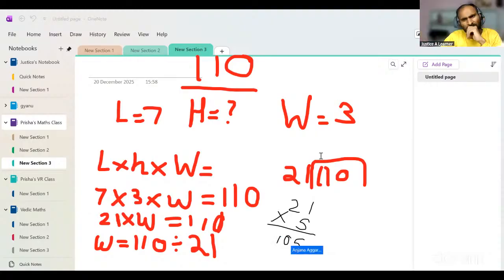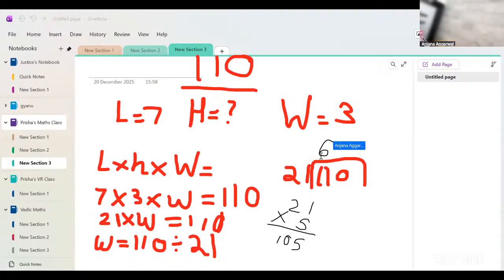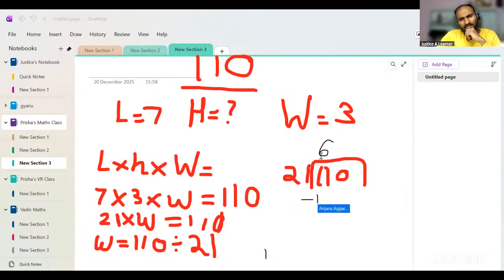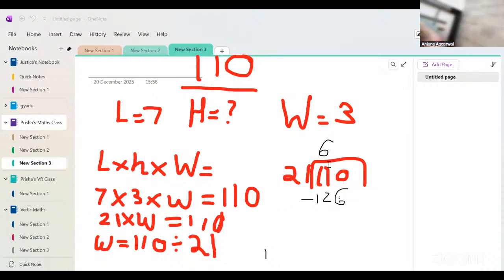Okay. So we've got 6, we had 126. What is the height? That is the question. Am I doing it correct?